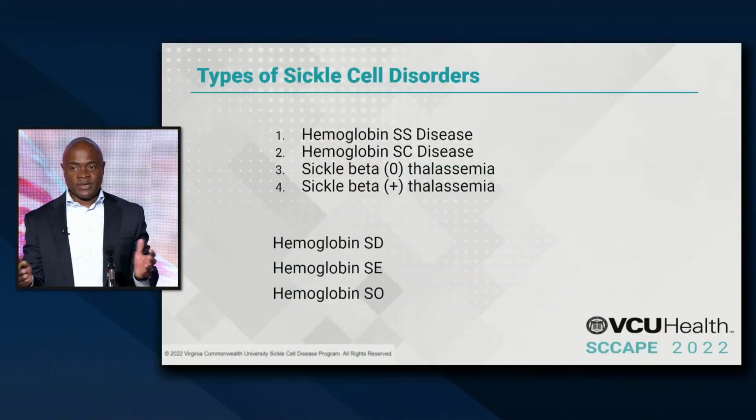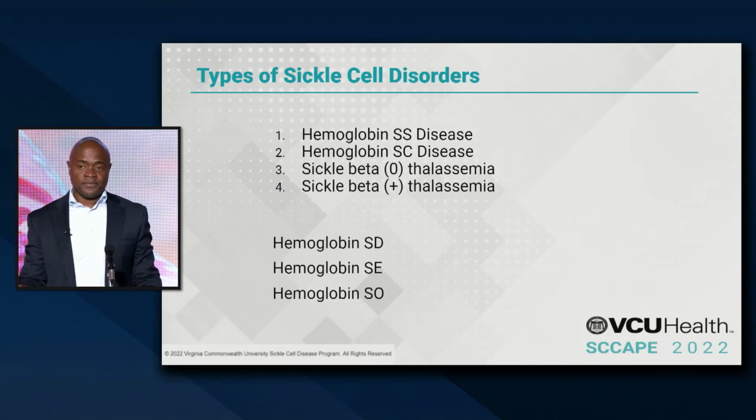Now, the reason why I use the word classic sickle cell disease is because there are several different variants. And we're going to focus on four because these are the variants that are most dominant in the US. There's hemoglobin SS disease. This is what I'm referring to as the classic sickle cell disease because it's the one that was first identified. Then there is hemoglobin SC disease. There is sickle beta 0 thalassemia and sickle beta plus thalassemia.